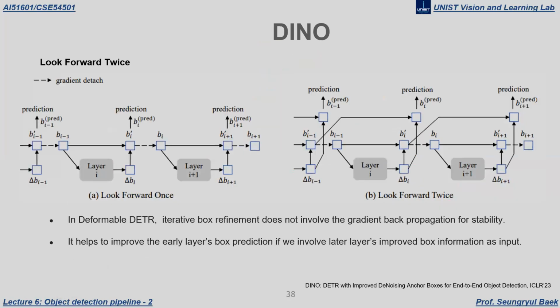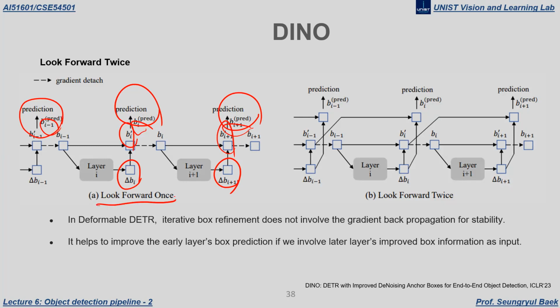And previously in deformable DETR, box information was defined for each layer. We are using some residuals. We improve our bounding box at each layer, but this was done only for one. But in this DINO mechanism, they slightly fix the connections, right?